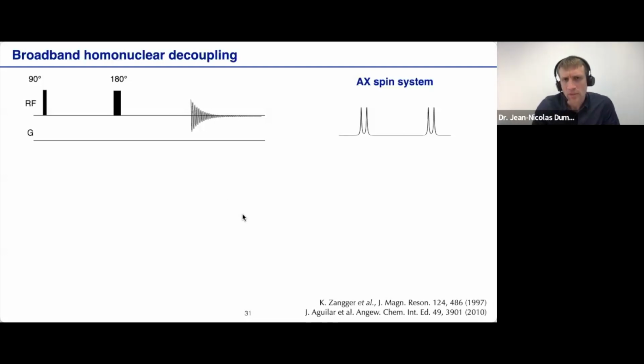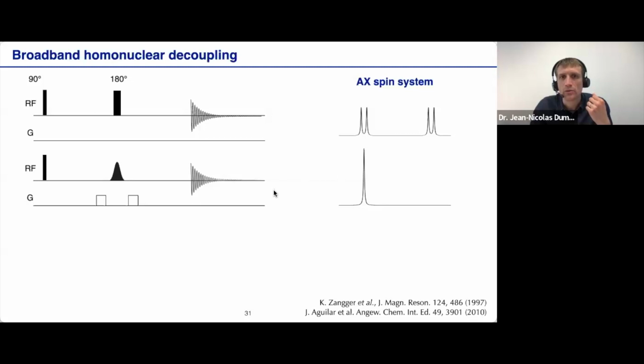So how does that actually work? If one considers a spectrum that is obtained for, in this case, a spin pair with a J coupling, so we have an AX system with two doublets, then one can remove the effect of the J coupling over some period of time by the application of a selective pulse flanked with gradients on one of the spins.